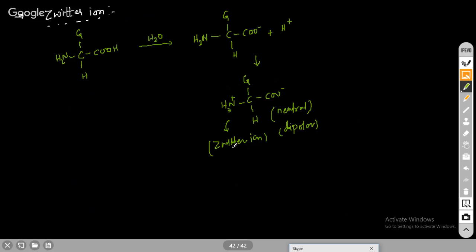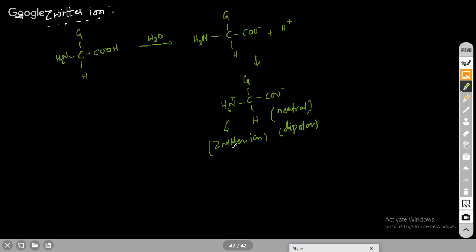So deuterion is a neutral molecule, dipolar in nature. Whether the amino acid exists in anionic or cationic form depends on the nature of the solution in which it is kept, or the pH of the solution.